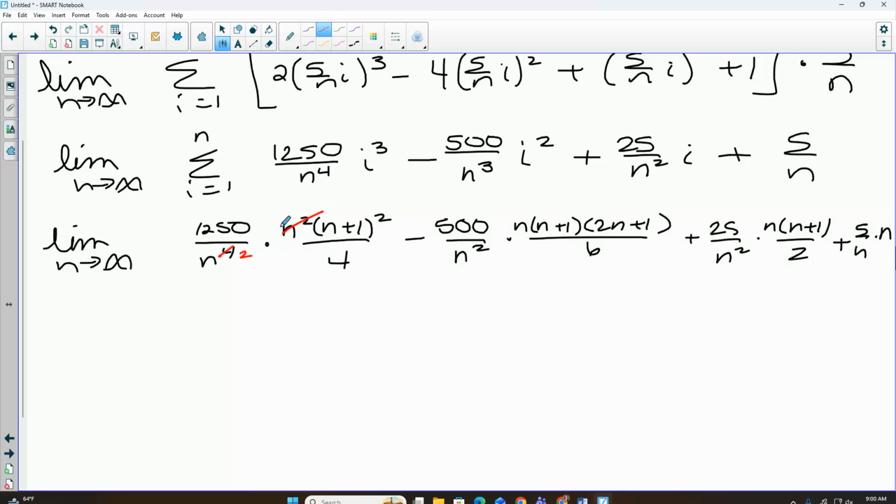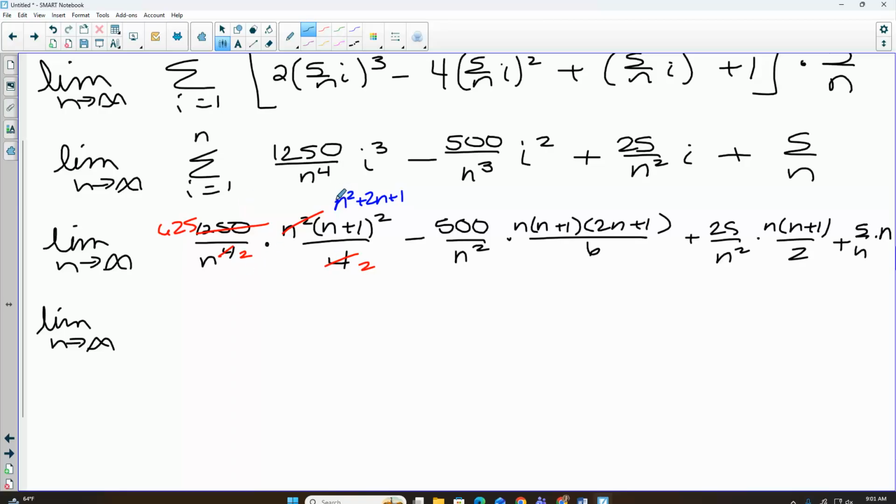So I am reducing. If I FOIL n plus 1 squared, that's n squared plus 2n plus 1. Alright, so for the sake of time, I'm doing this in fewer steps, but obviously you guys show as much work as you need to.